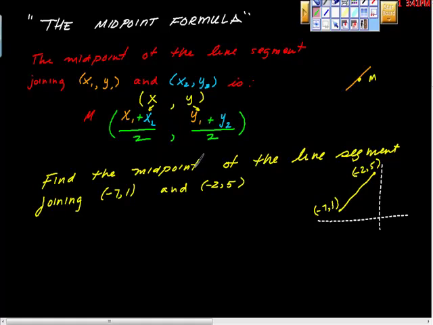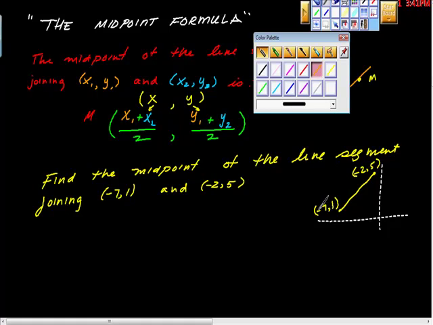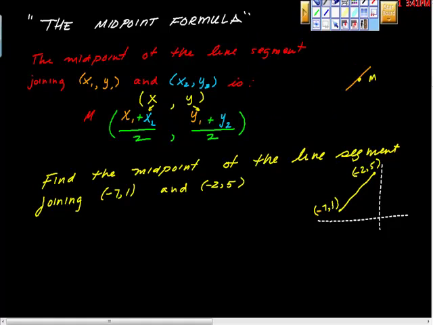We're looking for this now, so we're going to take x sub 1. If you just look at it, I just want to show you where I'm looking. It doesn't matter which order you do this. Take x sub 1, it's negative 7. So negative 7, right? And it says here that we should add, so plus. And we should add it to the second x value, and that value is negative 2, isn't it? So plus negative 2, over 2.